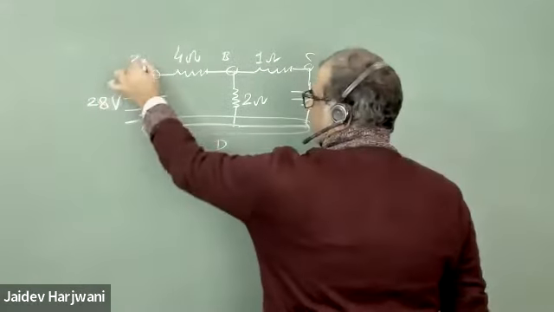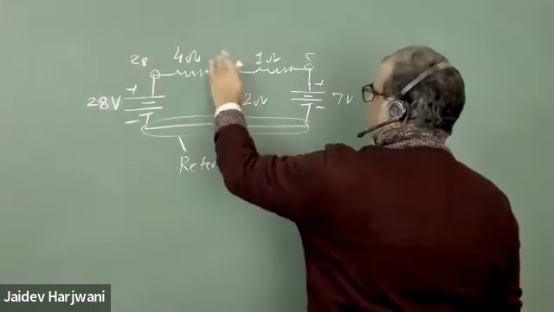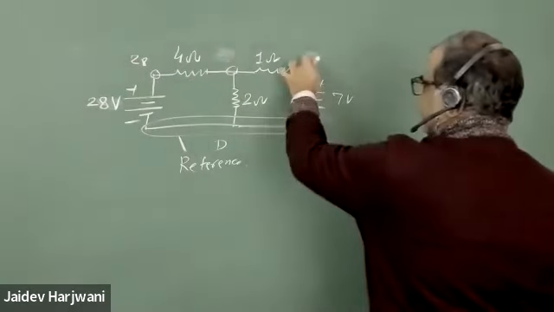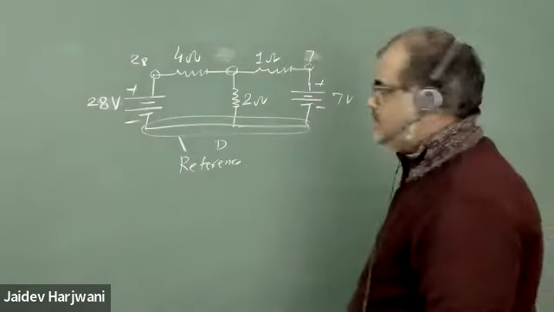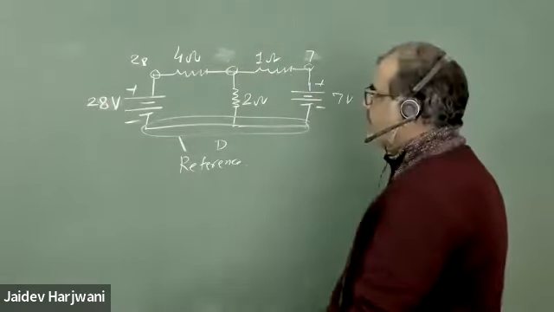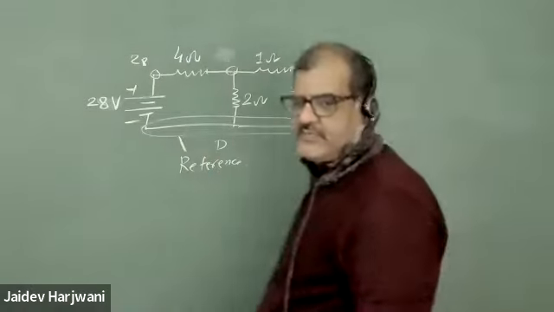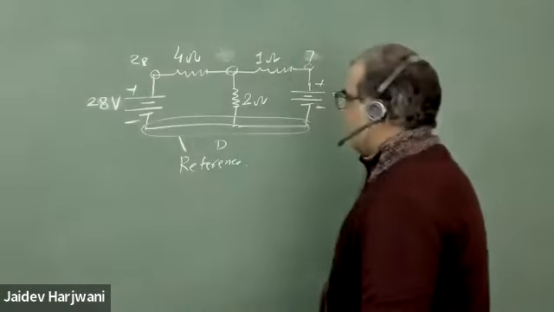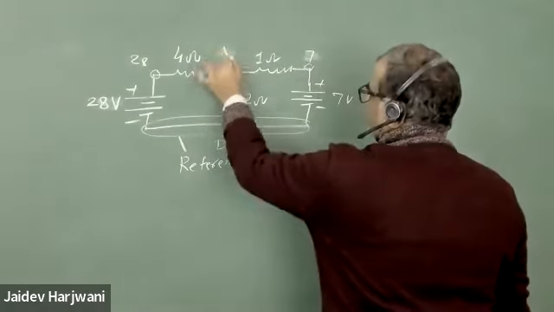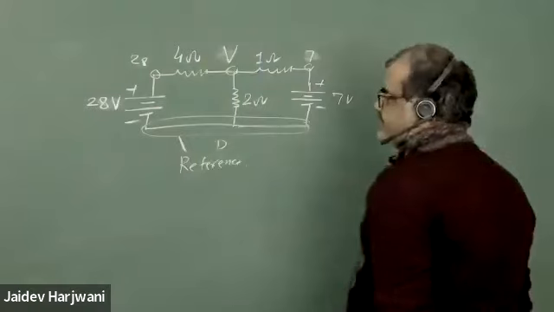What is the voltage here? 7. This node is also known. So only one node is unknown, and things become very simple. I have to write only one equation. Let us say the voltage of this node is V.